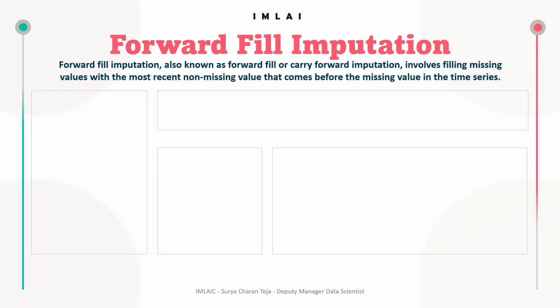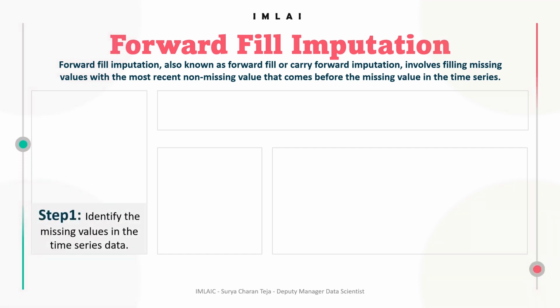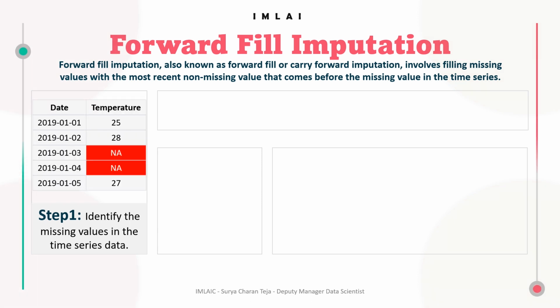So now, how do we do this process? Here is how the forward fill imputation process works step by step. I'll show you on the screen with animation. Step 1, we have to identify the missing values in the time series dataset. This is my time series dataset, and you can clearly see that there are missing values, 2019 13 and 2019 14.